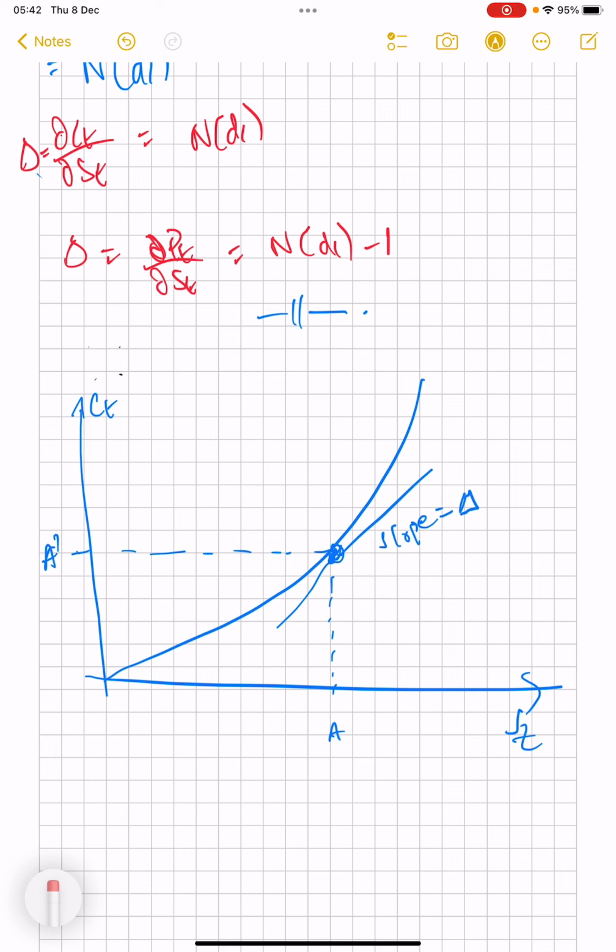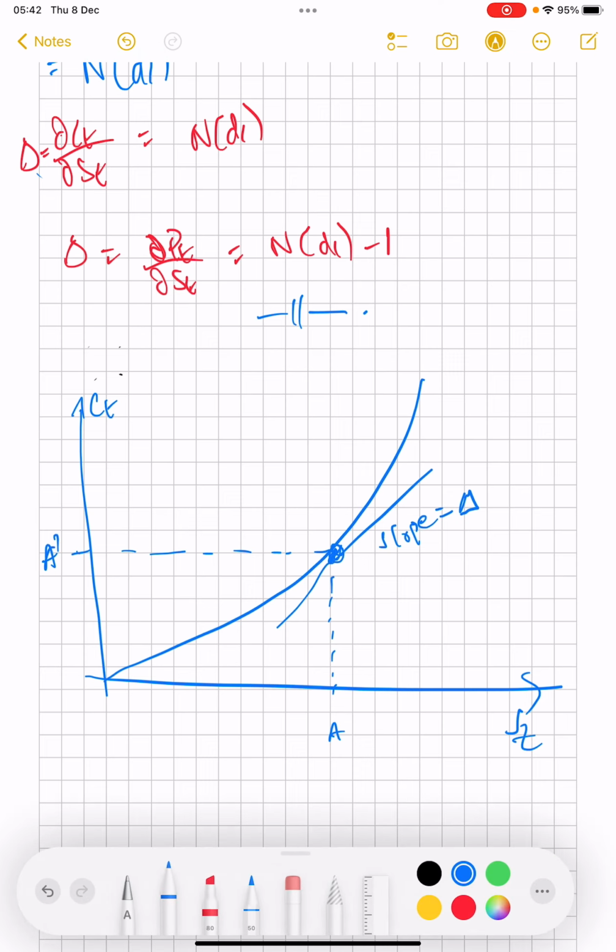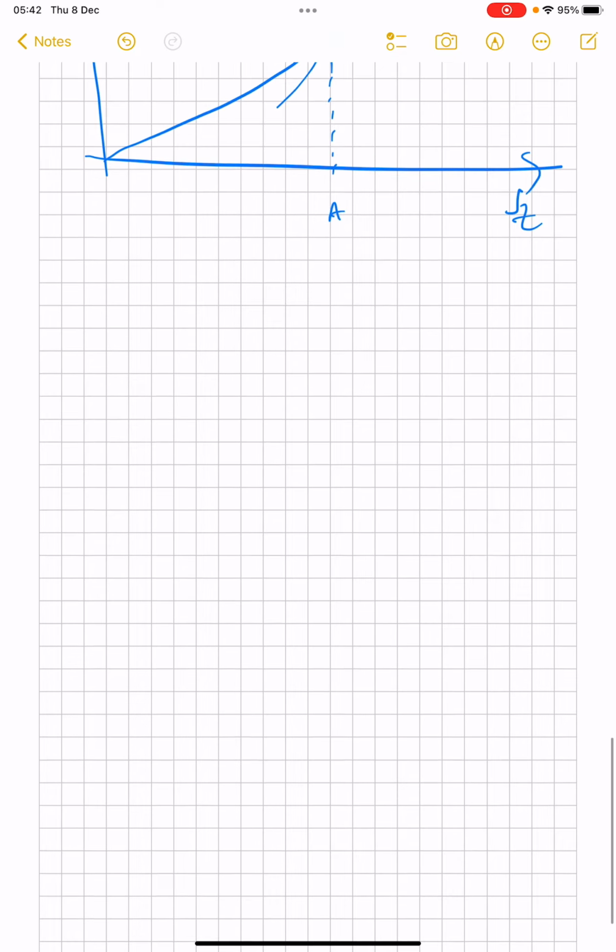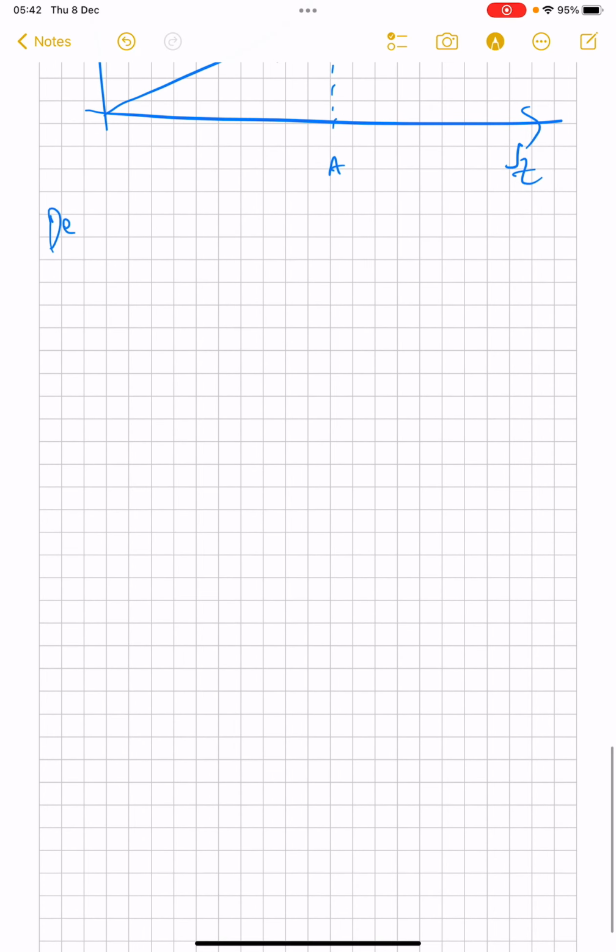Okay, now I'm going to explain a delta neutral strategy. Suppose a financial institution selling an option to a client can make a delta neutral position to hedge the risk.